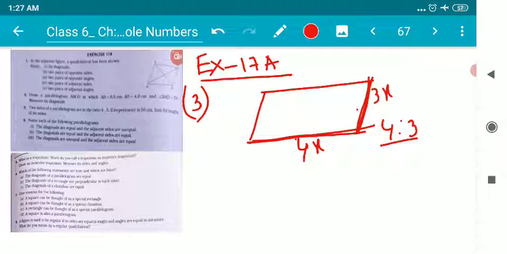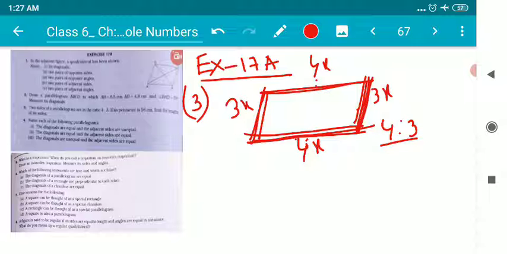Children, we know that the perimeter means the sum of all four sides. We know that in a parallelogram, opposite sides are of equal measure. So if this side is 4x, this one has to be 4x. If this side is 3x, this side has to be 3x.